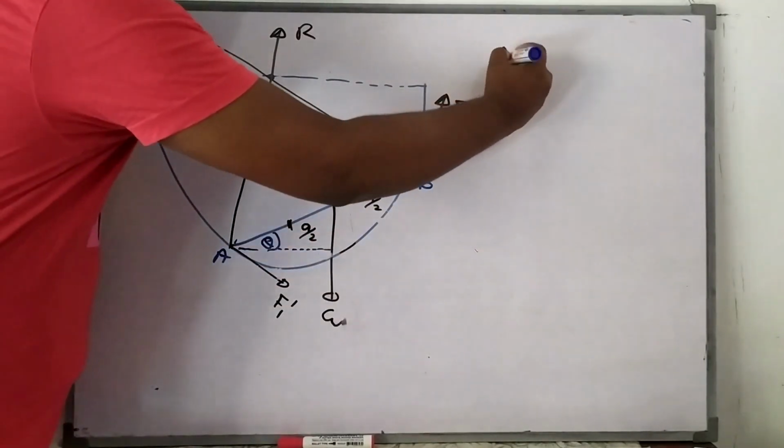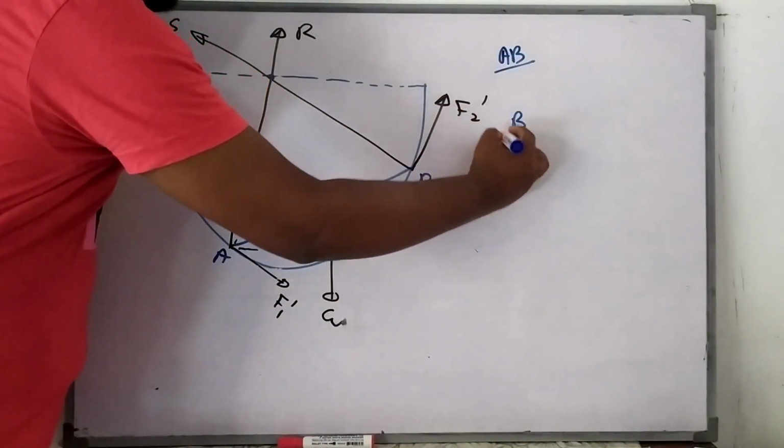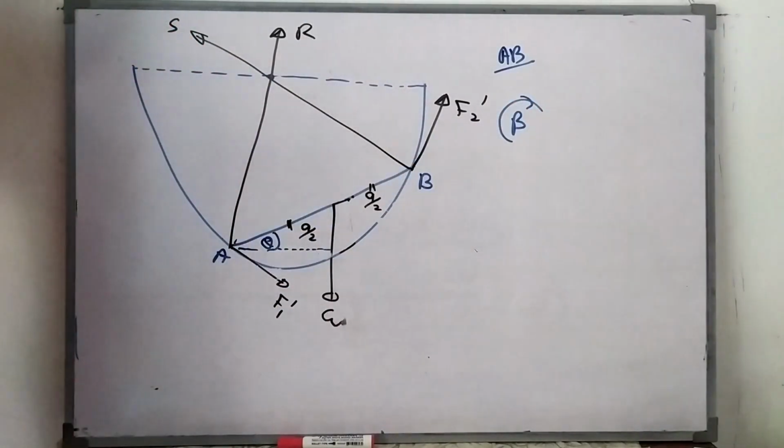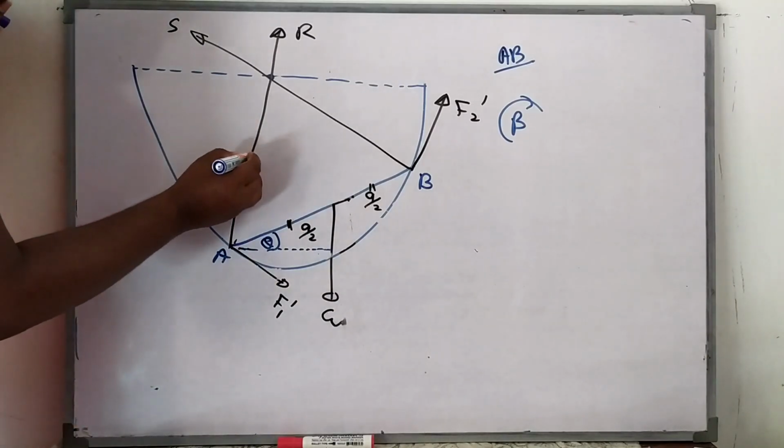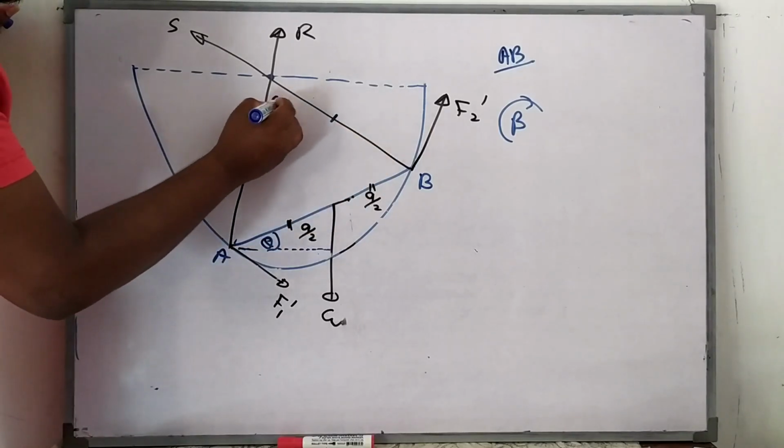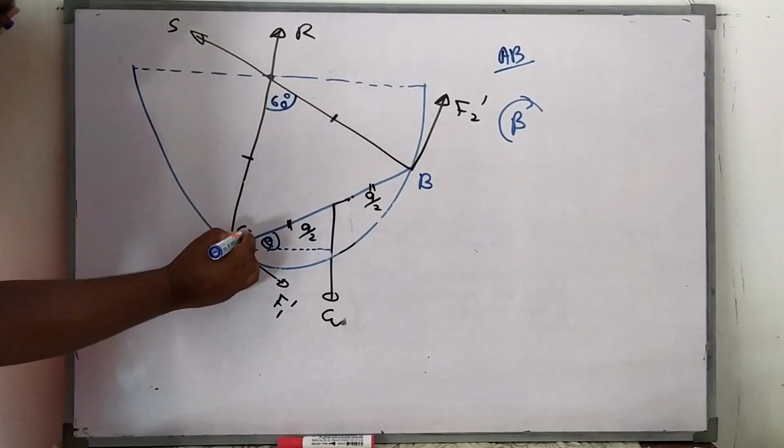So now I'm taking a moment around B. These lengths are the same, no? 60 degrees, 60 degrees, 60 degrees.